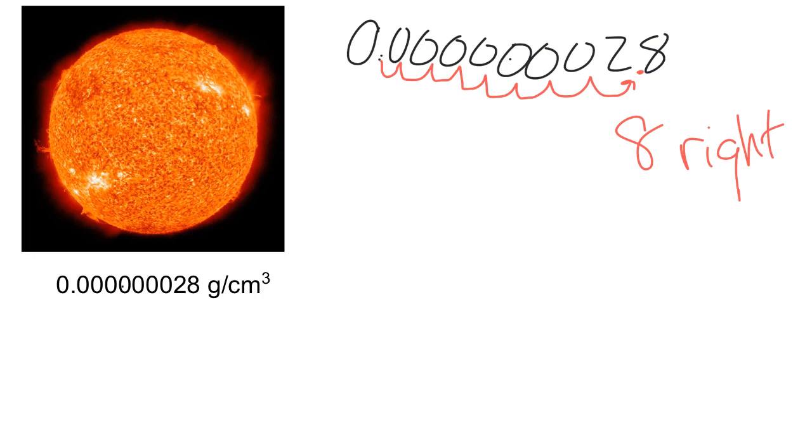So I have the number of decimal places, and I know which direction they moved. Now I'm going to rewrite my number, 2.8, deleting all the extra zeros. So these zeros can go away once I get to that point. And then my last step here is going to be write the multiplication symbol with the 10, raise the power.